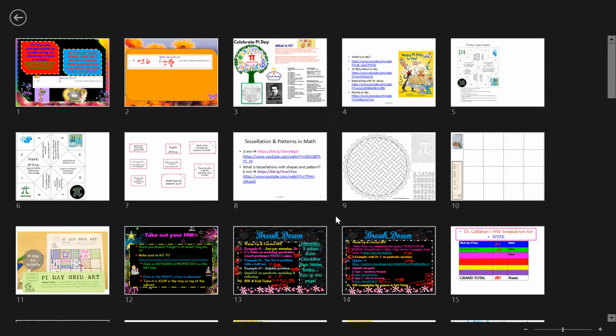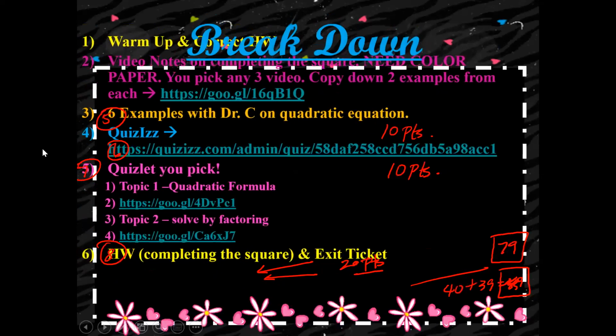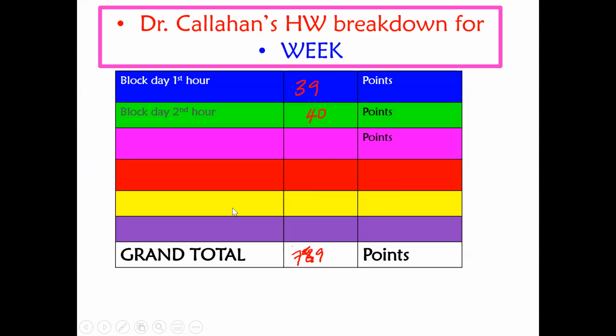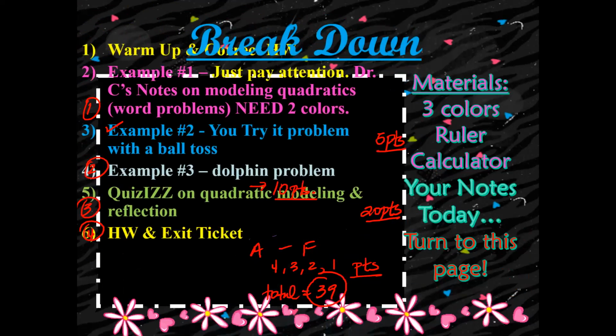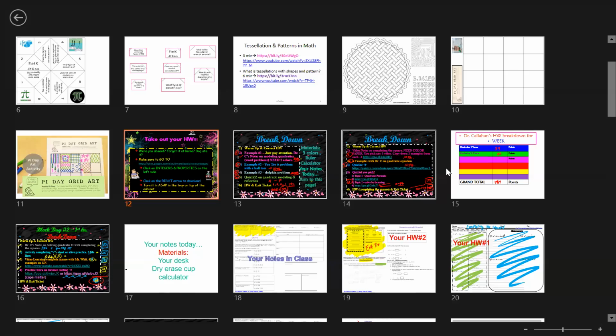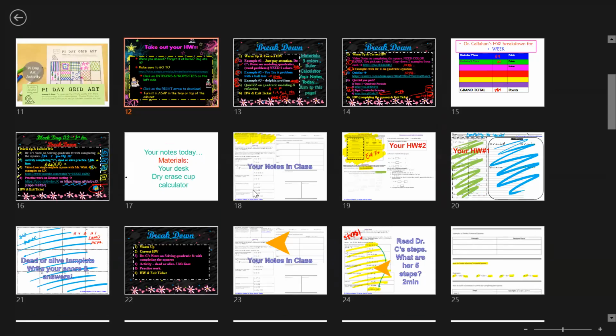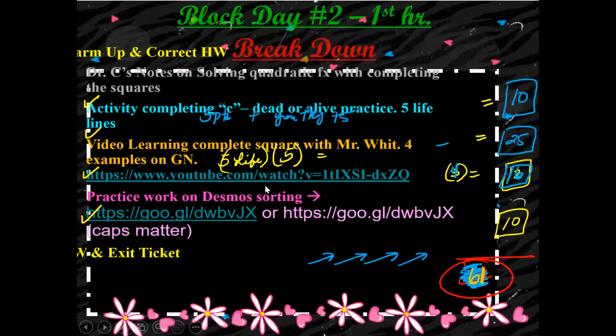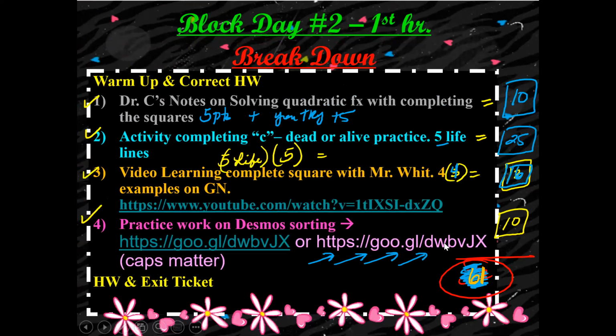Okay, so next I'm going to have you guys use your internet. We're going to go ahead and go to a quiz. I'm sorry, hold on, it's not a quiz. Let's see, where is it? I think it's Desmos. Yes, Desmos. You're going to go ahead and type in this URL in light pink.